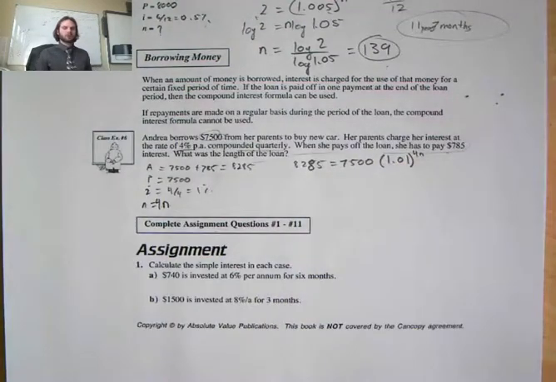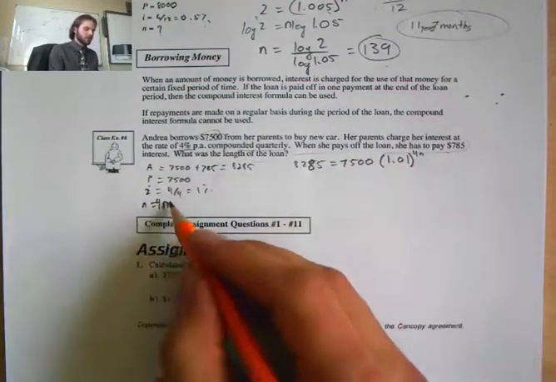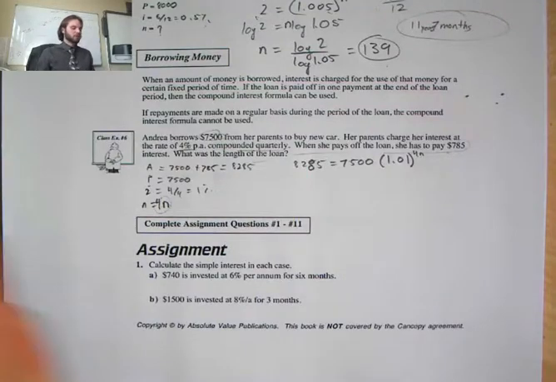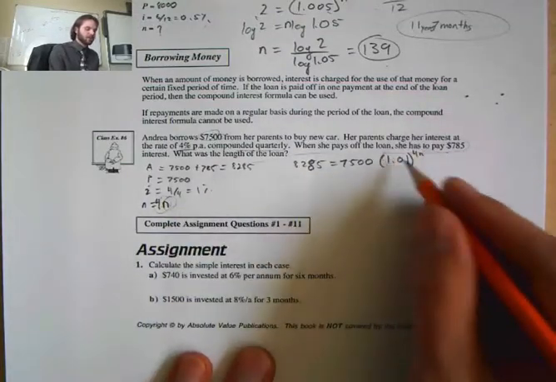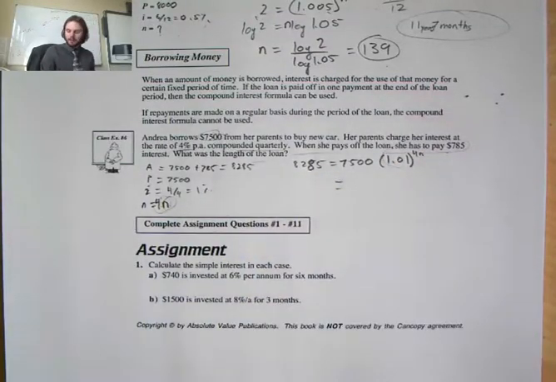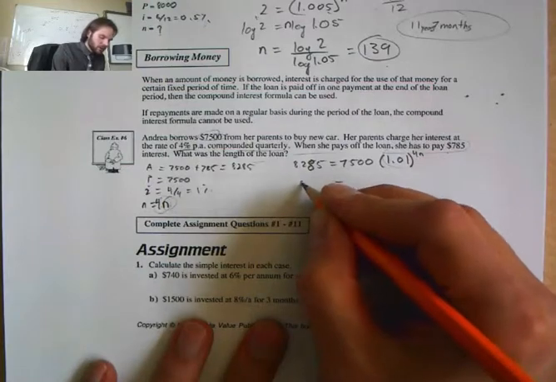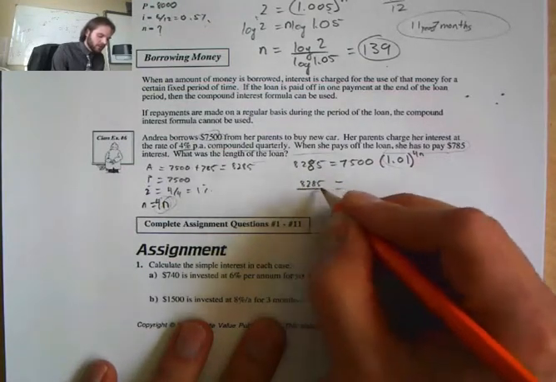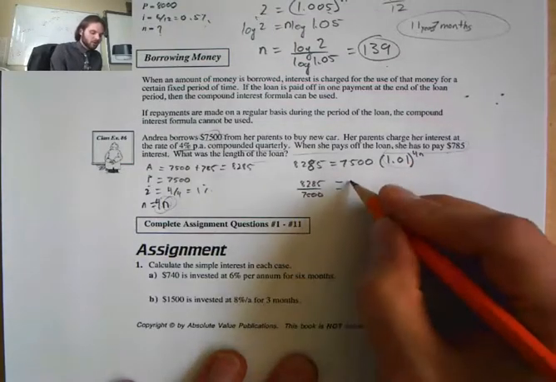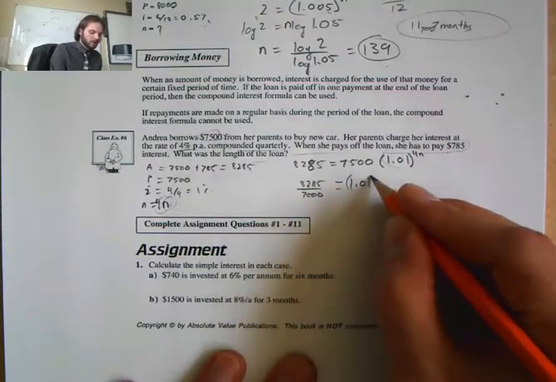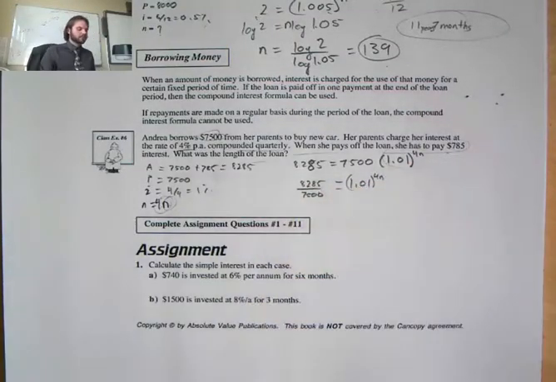Because remember, it's compounded, so we have to multiply n by 4. So let's try and solve for this. First of all, we want to isolate the variable as best we can. So I'm going to have 8285 divided by 7,500, which is 1.01 to the power of 4n.